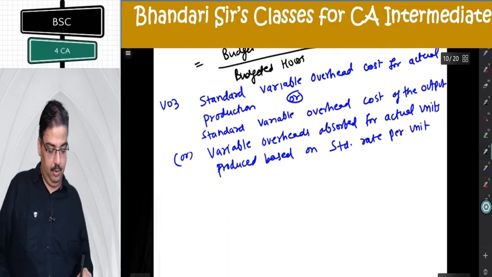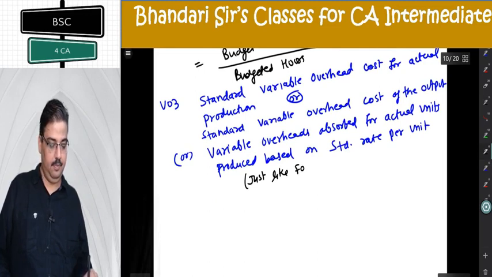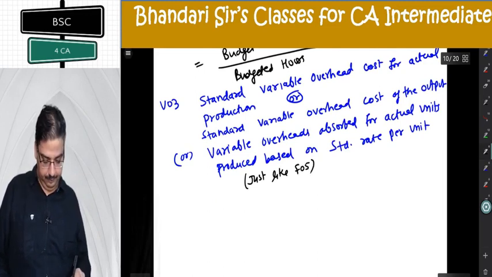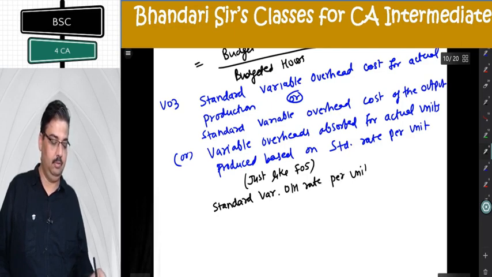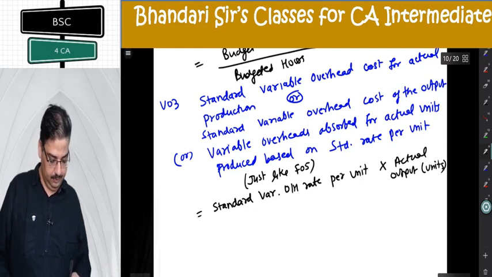So how to compute it? Just like FO5. Standard variable overhead rate per unit multiplied by actual output in units.